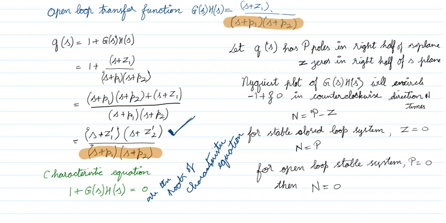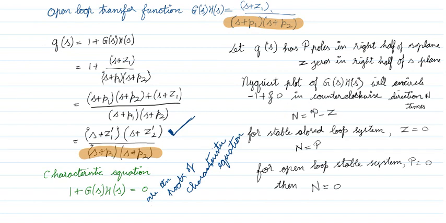Instead, I can say P is the number of poles of G(s)H(s) in the right side of the s plane, minus the zeros of Q(s), so P minus Z equals N.